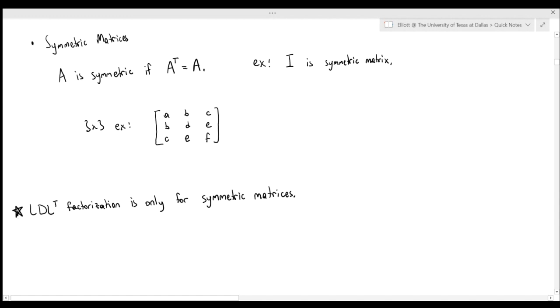So the way that the LDL transpose factorization works for a symmetric matrix is actually really simple. Let's say you have a matrix A, which is symmetric.